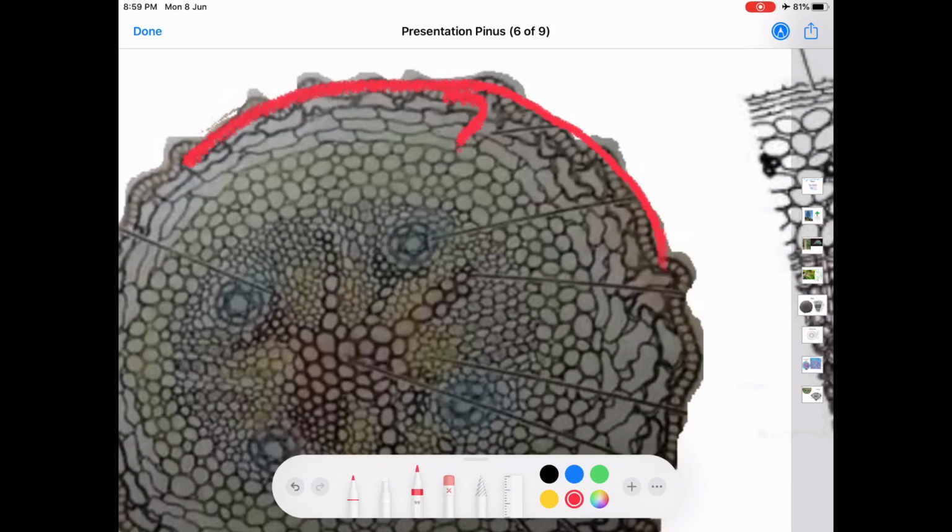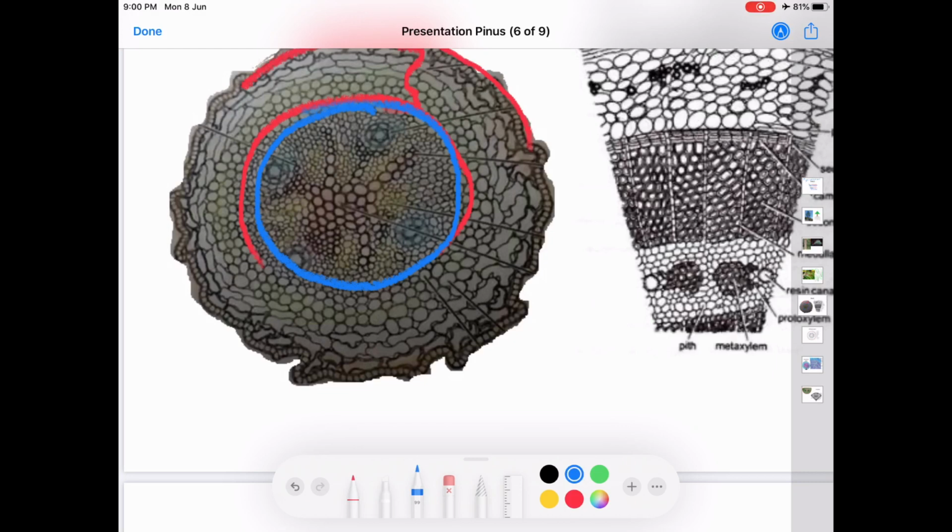Inner to the epidermis is the cortex, and the innermost layer of the cortex is endodermis. The vascular bundles show radial arrangement, that is xylem and phloem are alternating with each other. It may be diarch to tetrarch.